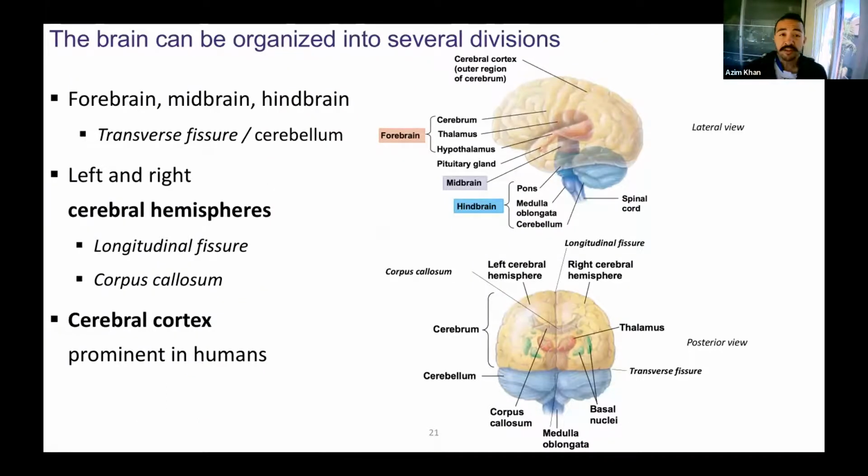So as we've seen, we can divide up the brain into several divisions. We have the forebrain, midbrain, and hindbrain divisions based on development and which ones are bigger, which ones are smaller. There is a physical name for the division between the cerebrum and the rest. If you look in this lateral view of the brain, this division right here, that's known as the transverse fissure.